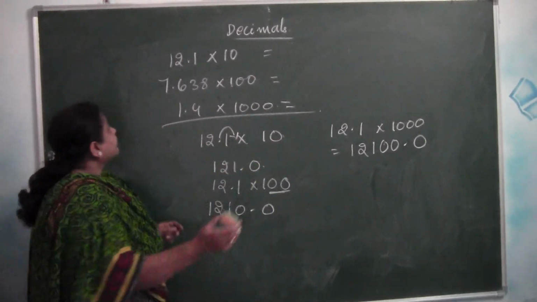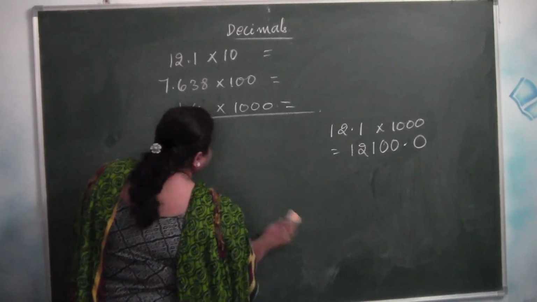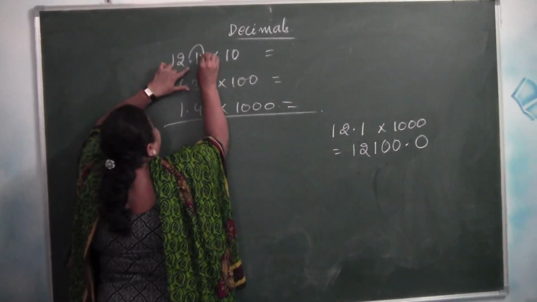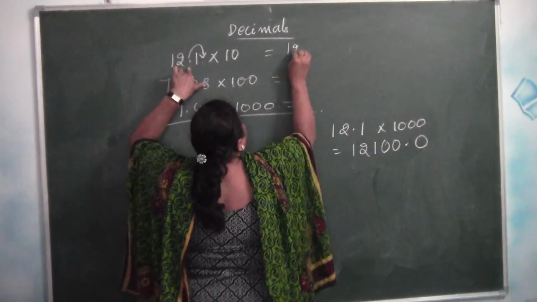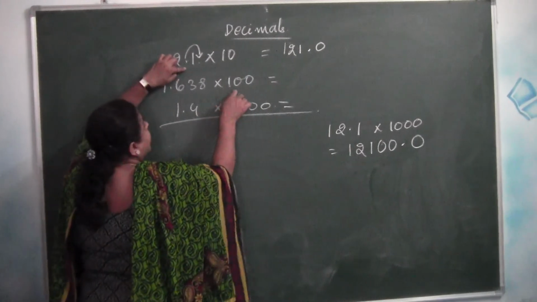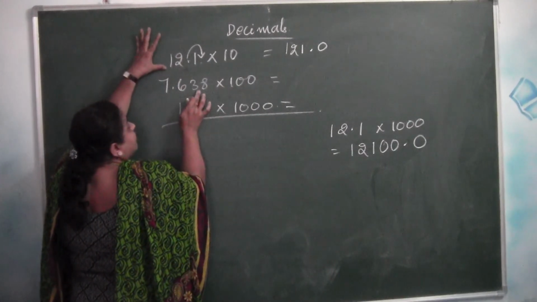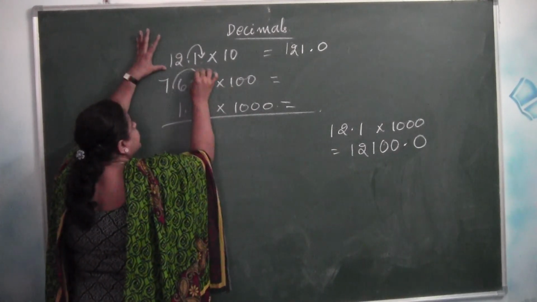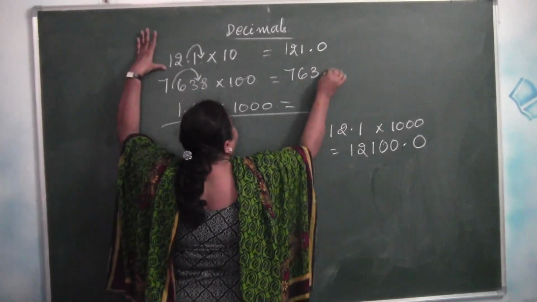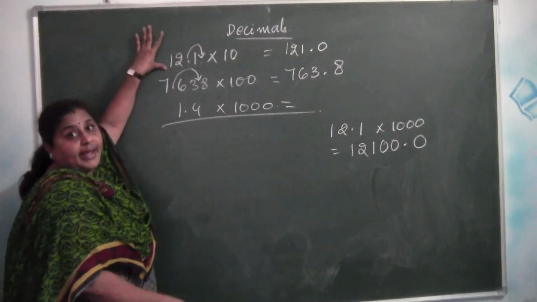Alright. Now, simple, here you can say the answer. 12.1, after 1 digit, that is 121.0. Right. Now here 100. So the decimal will move after 2 digits, that is after 3. So it will be 763.8.